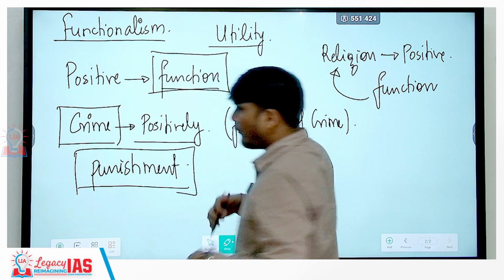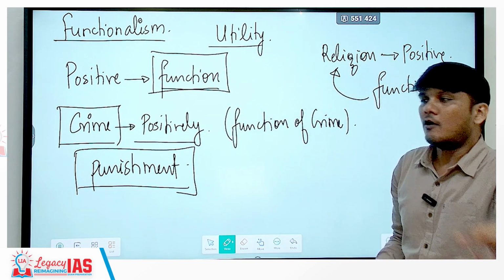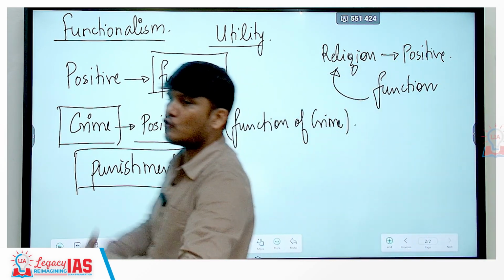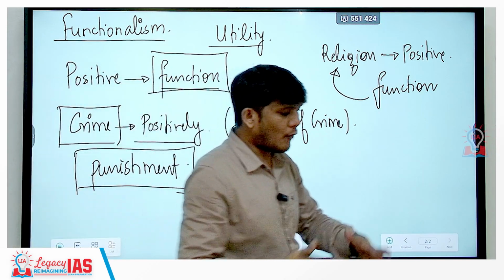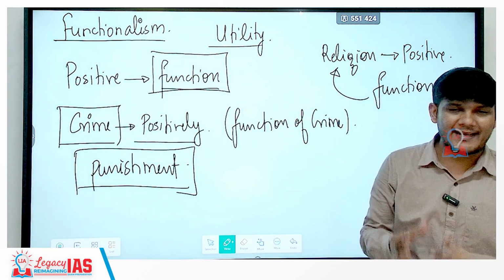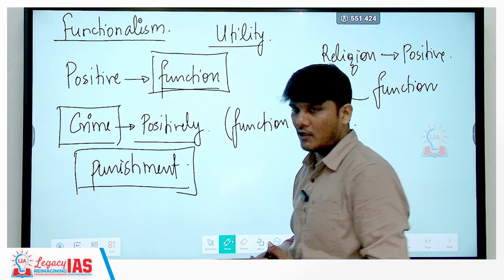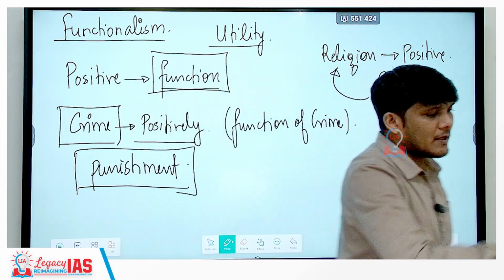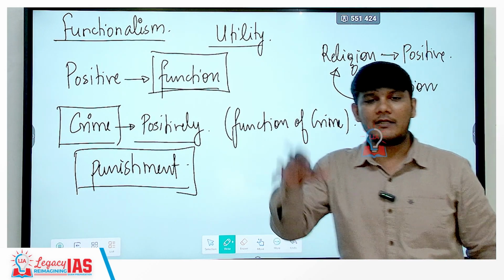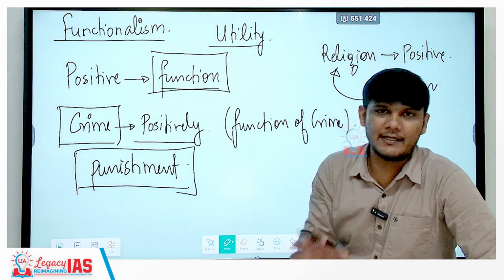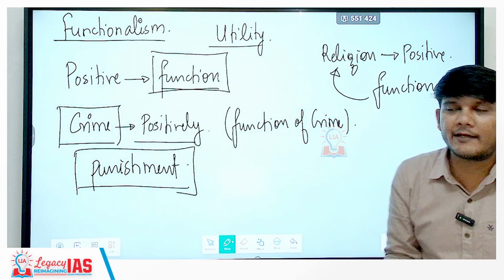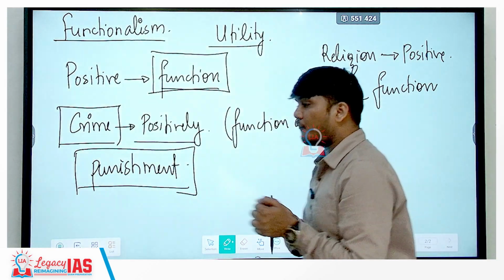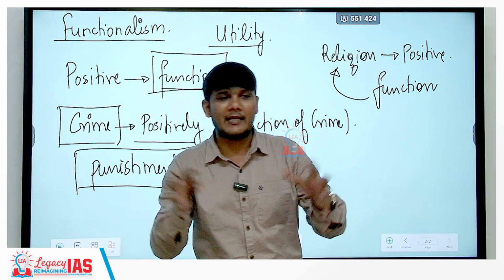Now utility for what? Utility for keeping the entire society running, for keeping the system of the society in place, for keeping the institutions of the society in place, for keeping people in a stable state of maintenance, so that there is no conflict, no friction among the people in the society.